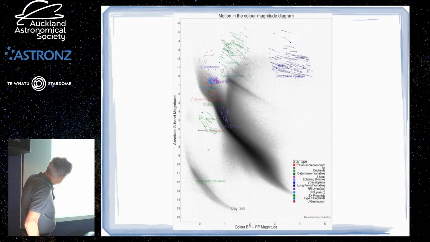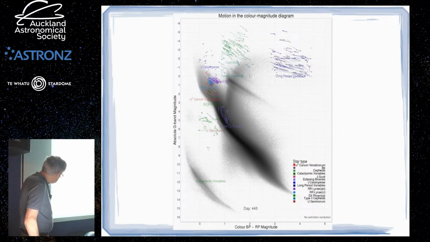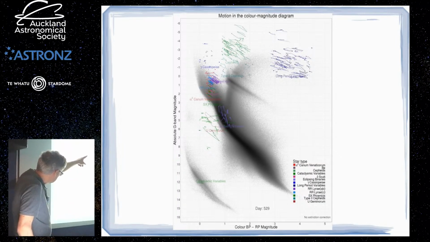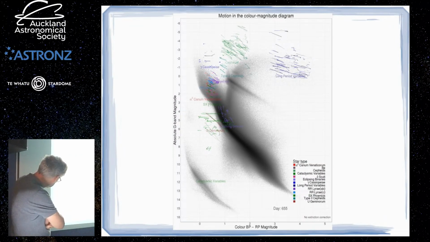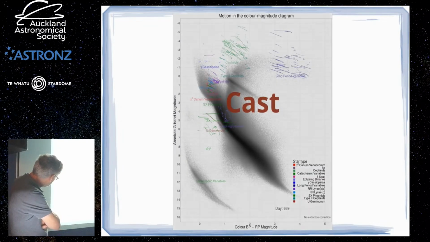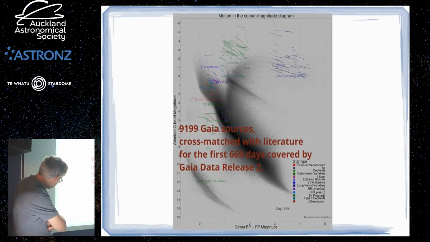And what somebody did here was to plot this and show that these aren't just static, because you can see all the variable stars as Gaia is observing them over and over again. Their position on the diagram is moving. So it's quite interesting.